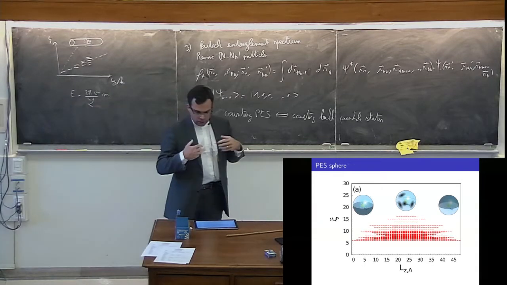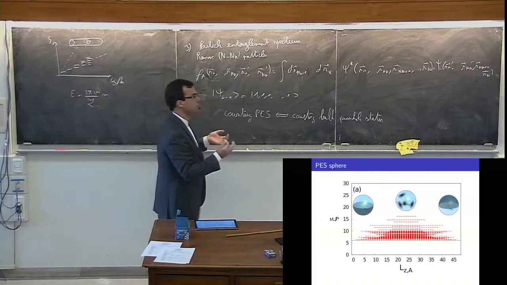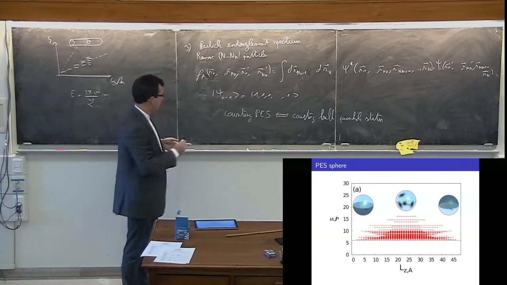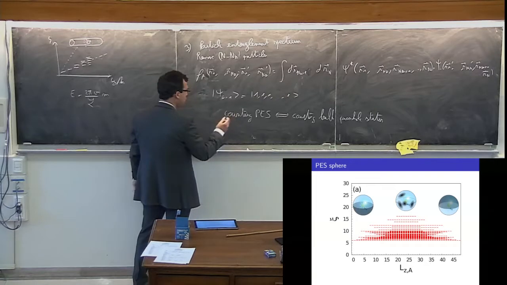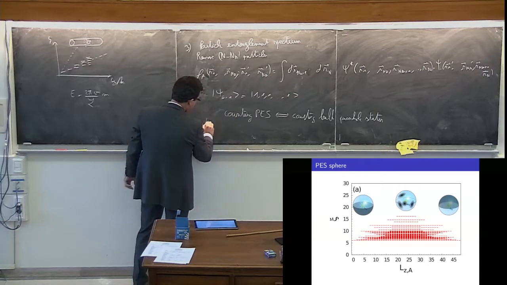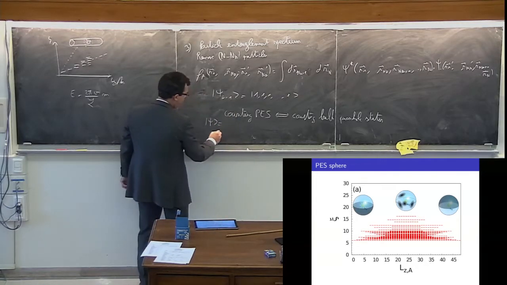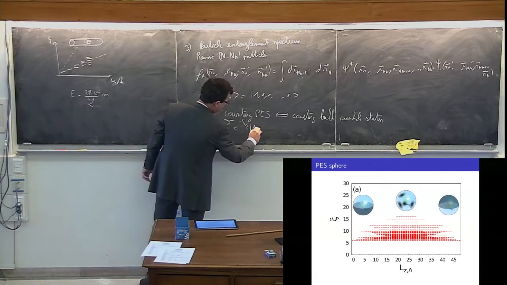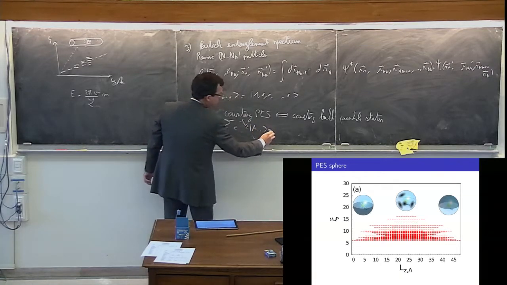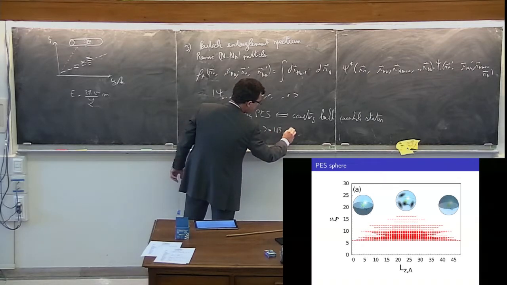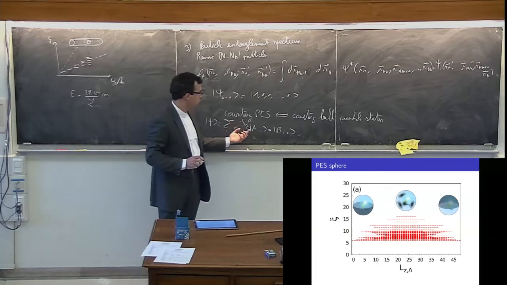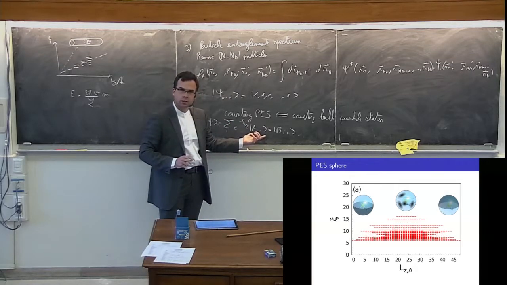And actually, you can go beyond just the counting. Remember, when you look at the Schmidt decomposition or the reduced density matrix, you can look not only at the spectrum, but also at the eigenstates of the reduced density matrix.